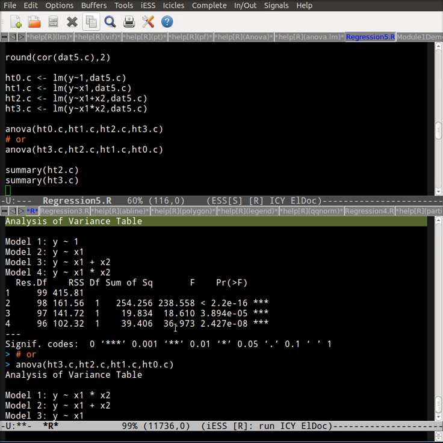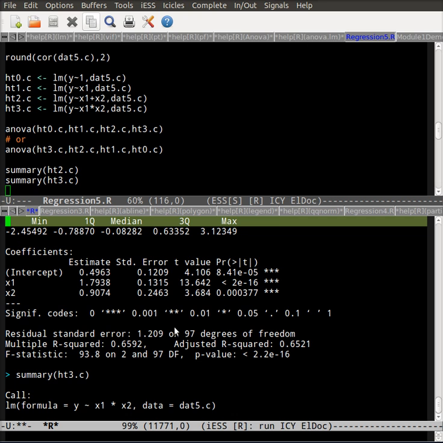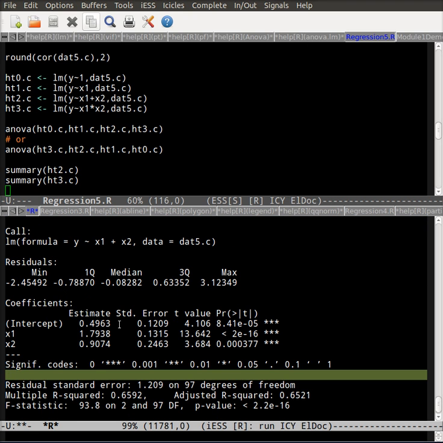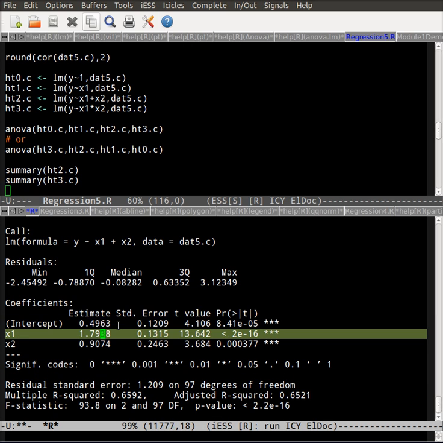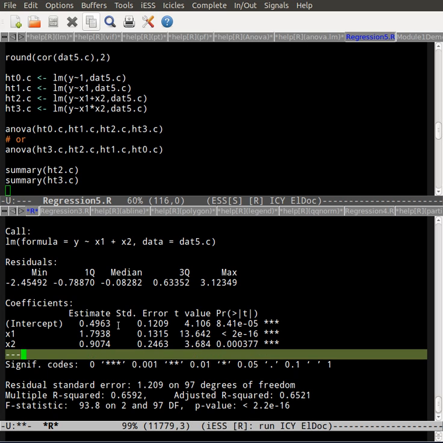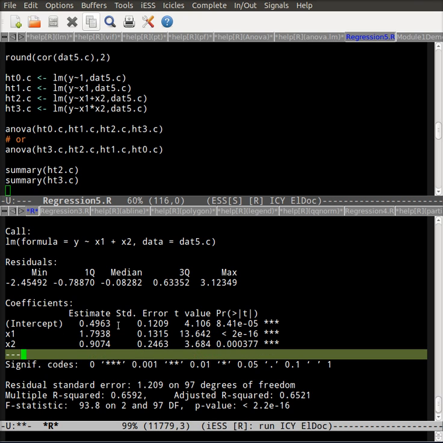Okay, so I'm running the same models that we ran before. All the p-values are the same. Now what we have is parameter estimates where the intercept is 0.5, b1 is 1.8 and b2 is 0.9. So we have 0.5, 1.8, and 0.9.